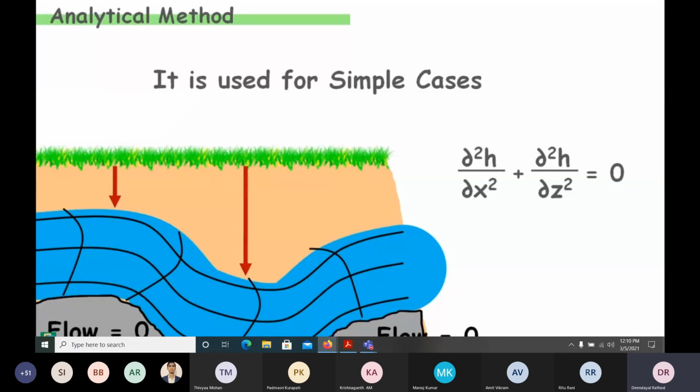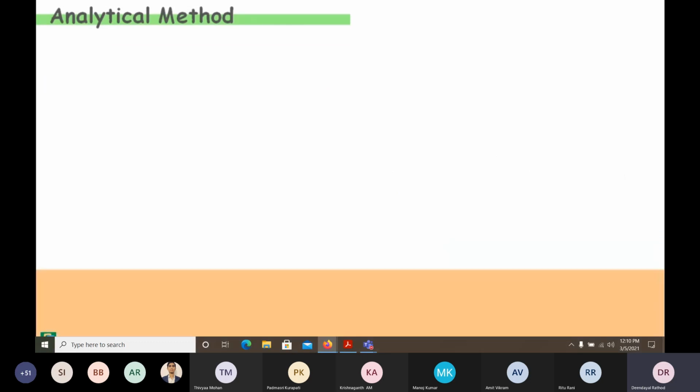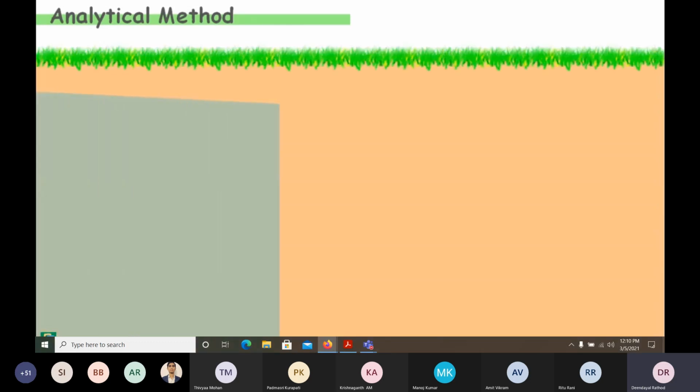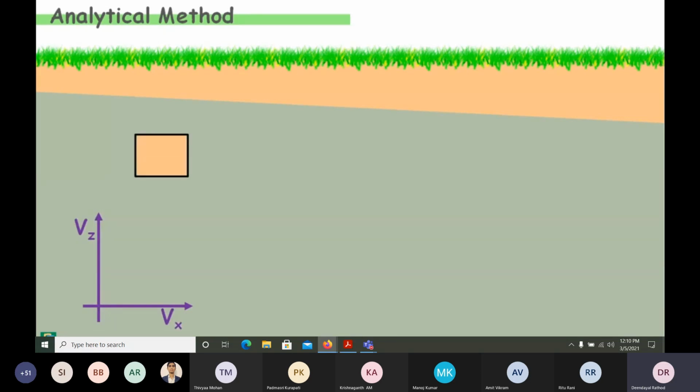Let's consider a soil mass which is completely saturated by the water flowing through it. We assume the velocities of water in the x and z directions are Vx and Vz respectively. Let us consider a small soil element of dimensions dx, dz and dy.